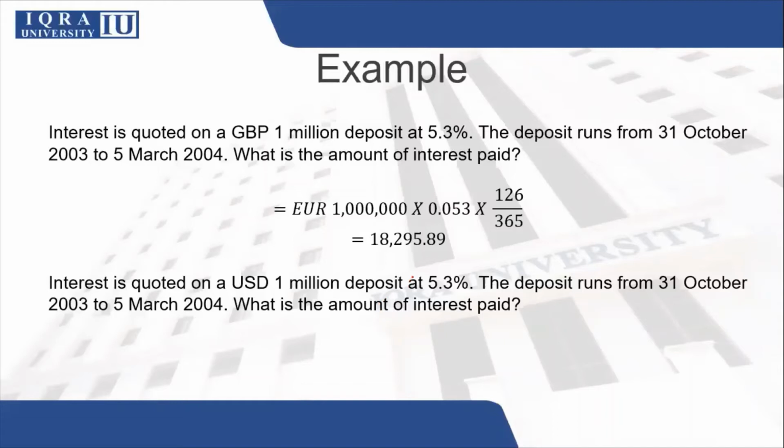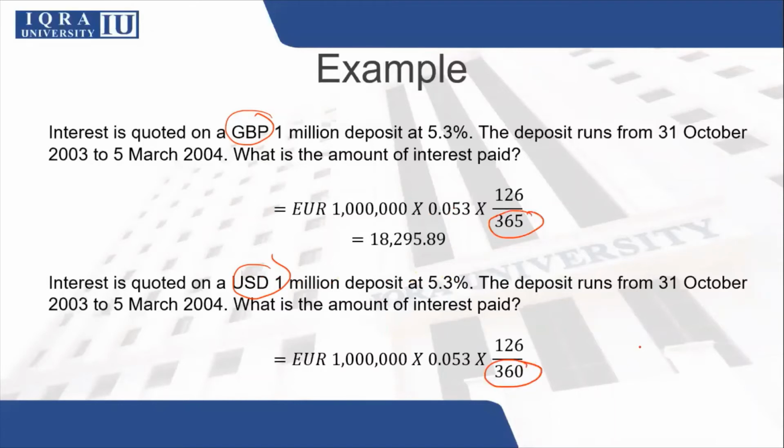Okay, so you can see over here that everything is the same. The only difference is the currency that is being used. Because USD is being used, instead of using 365, you're going to use 360. This is the only thing that you need to change depending upon the currency that is being used. And this is your answer in this case.